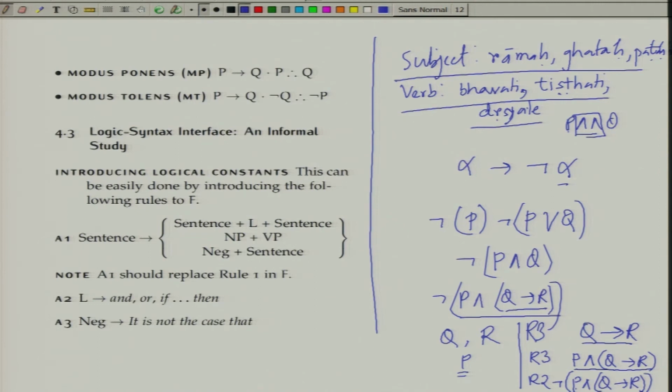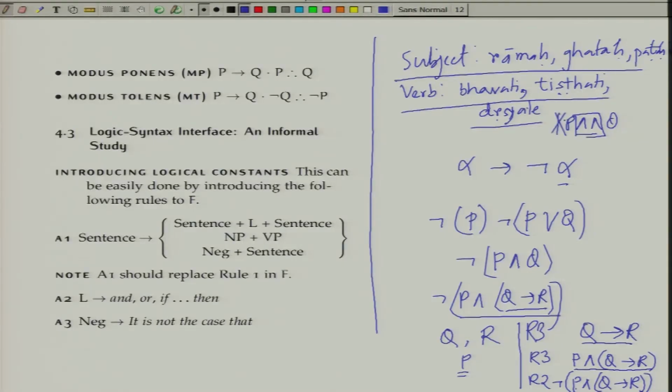Syntax in this sense means in general the science of producing legitimate or grammatical strings. So any syntactic rules must distinguish between grammatical constructions and ungrammatical constructions. We can see that this is ungrammatical and we cannot make it, and this is grammatical and we can make it as desired.